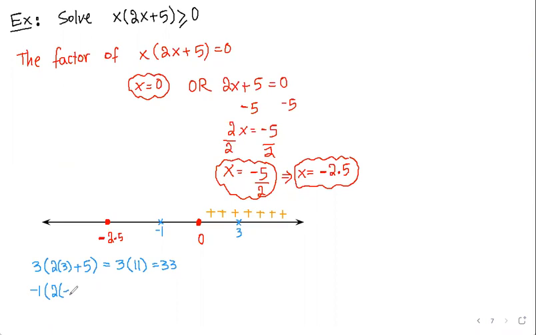Negative 1 times (2 times negative 1 plus 5). 2 times negative 1 is negative 2, plus 5 is 3. So negative 1 times 3 is negative 3. So the number here is negative. Any number between these two gives me negative.